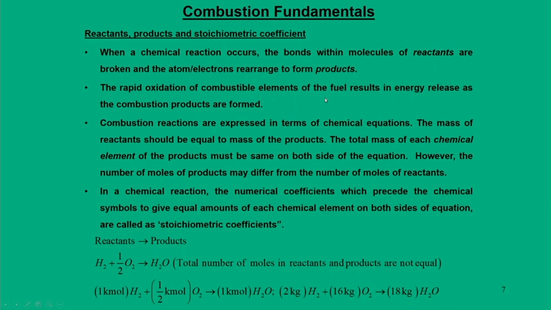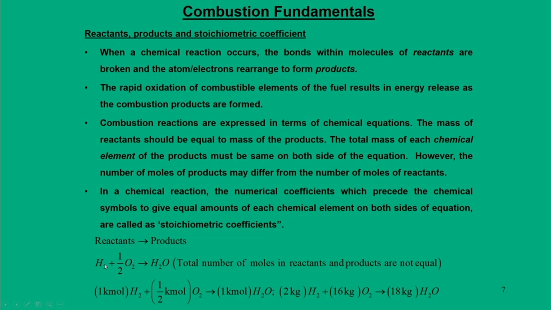The next important topic that we are going to discuss is the reactants, products and stoichiometric coefficients. We mentioned that during a combustion process there have to be some reactants and there have to be products. For example, in hydrogen combustion, when hydrogen and oxygen mix, we get water, and this process is a chemical reaction.